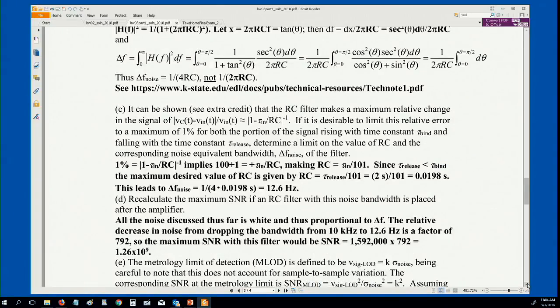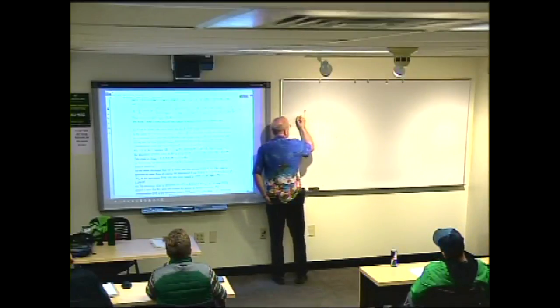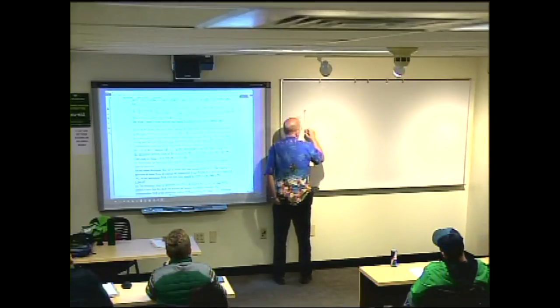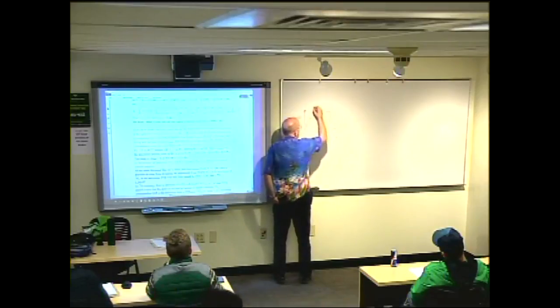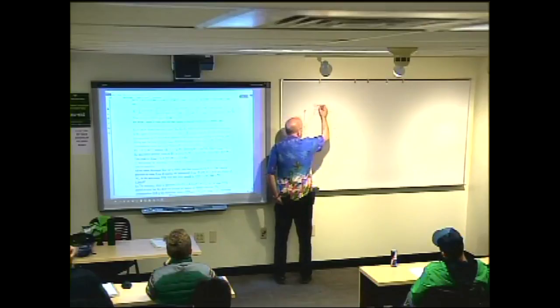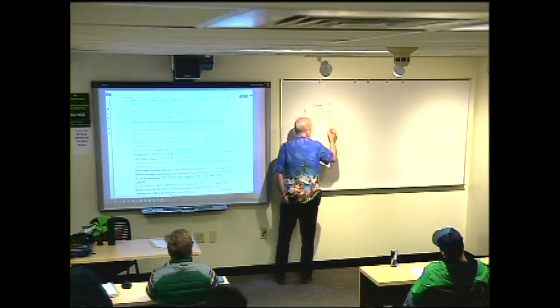So there's this formula that I gave you, which you can actually derive if you want to. It's basically a way of making sure we have a signal that's going through our system that looks something like this. And this time constant here, tau bind, is 10 seconds.